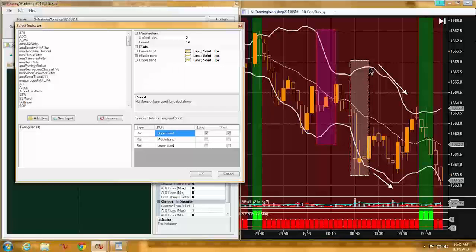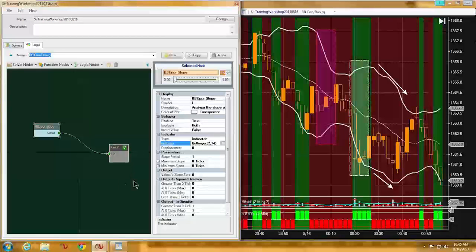So the upper band, we're only interested in the upper band when it is rising. Yeah, so when it's rising. Okay, so I'll leave it like that.